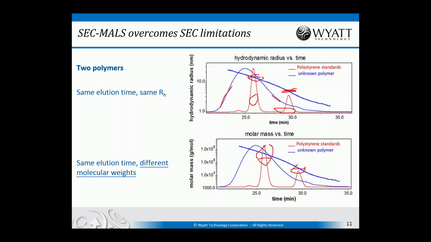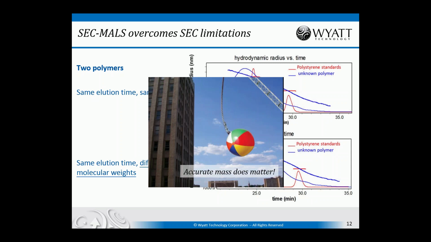And that's because there is not a simple one-to-one relationship between the molecular weight and the size of a given polymer. The elution is based on size, not on molecular weight. And if the polymer differs from the calibration standard, you'll get incorrect measurement in terms of molecular weight. And so it's really important to utilize light scattering if you want to have accurate molecular weights.